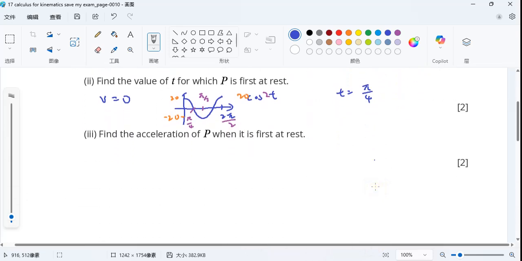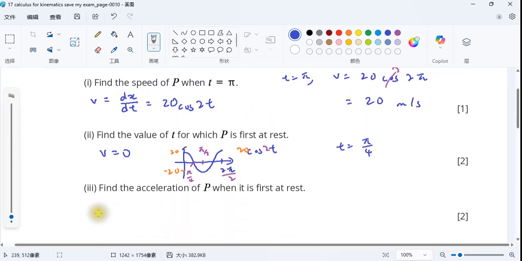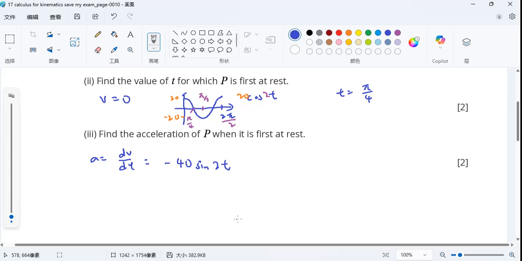Find the acceleration when it is first at rest. So we know that A is dv dt. Then we will have negative 40 sine 2t. So at rest, t equal to pi over 4.